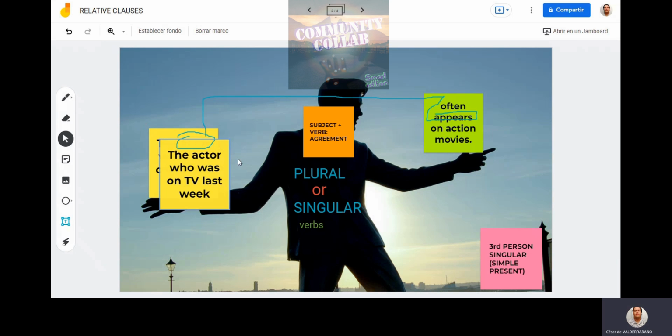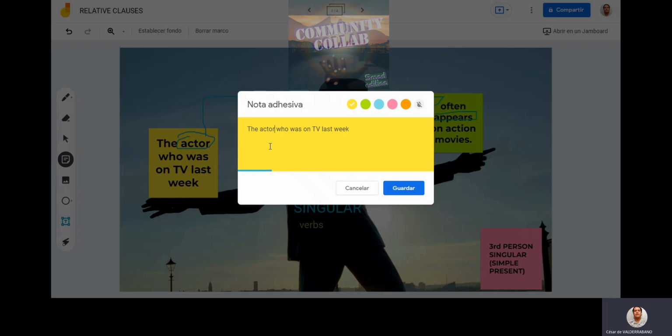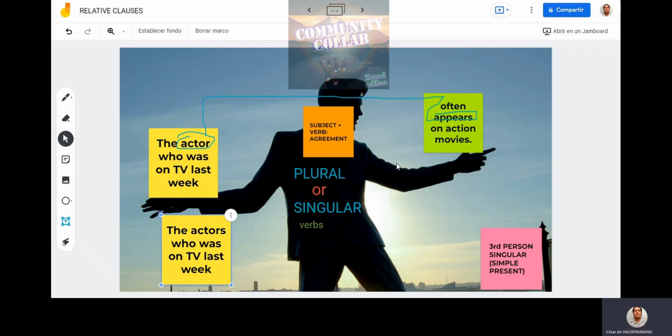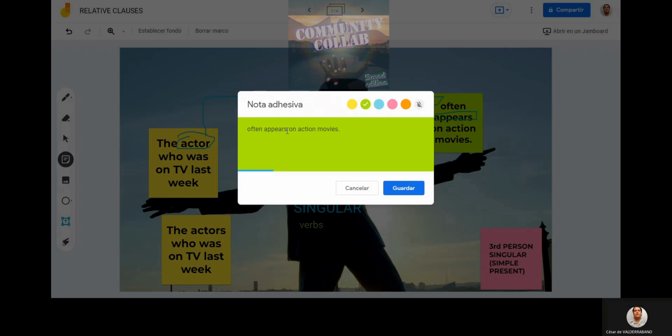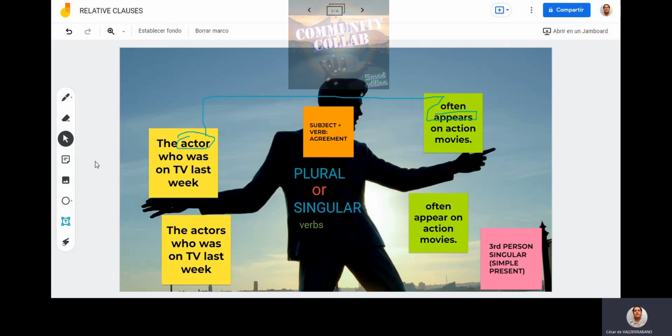Let's put the same, but instead of singular, let's put it like this: the actors. This is the plural form of the subject. Okay, but then the verb has to be in this form. Okay, so you can see the plural noun or the plural subject with the plural form of the verb.